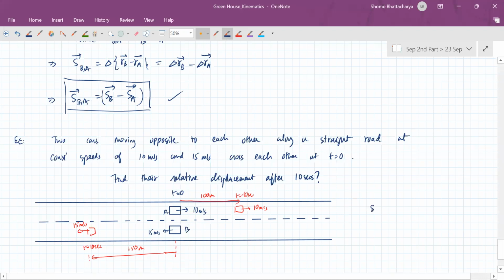So you can see with proper vector notation, one-dimensional vectors, we can just write them with sign, or if we are writing them with unit vectors.